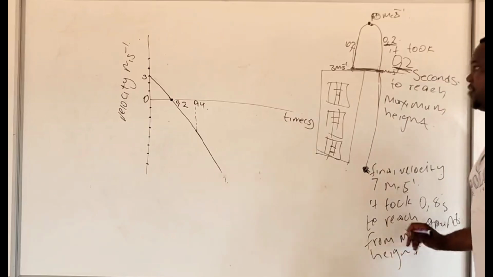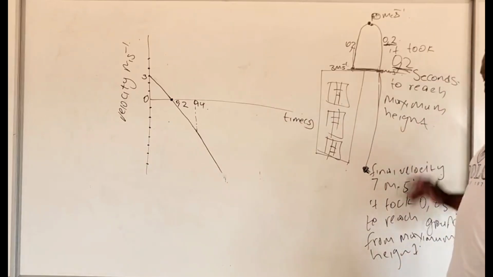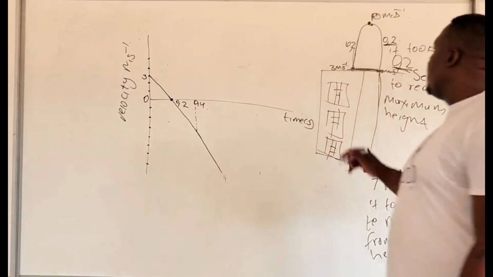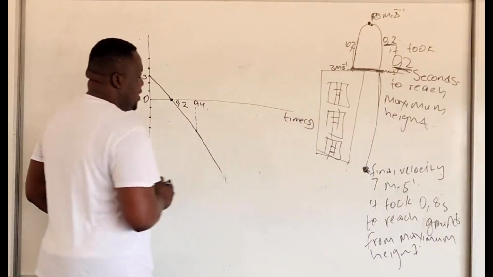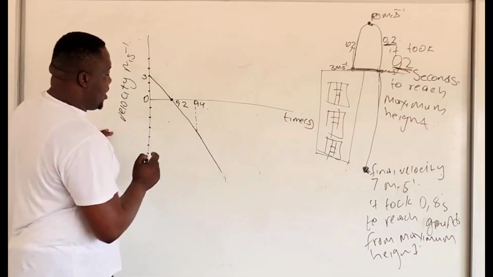What does it mean if it took 0.8 seconds to reach the ground from maximum height? What does it mean? It means that the final velocity we are given is 7.